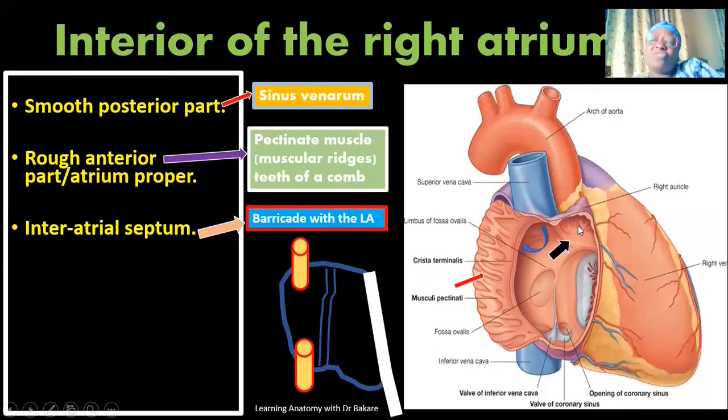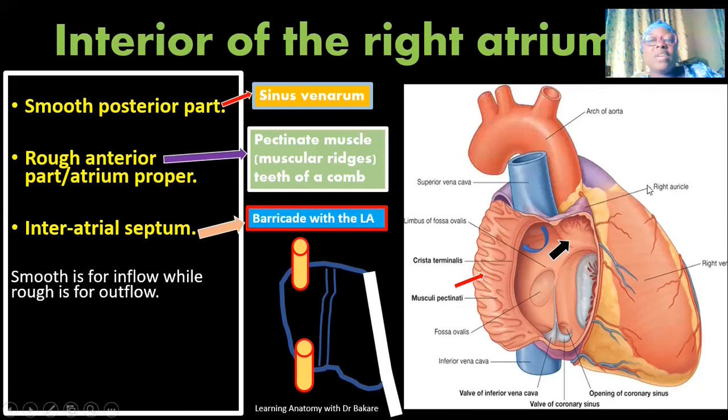We also drive into each of the sub-regions to see the specific features they present. The smooth part allows for inflow of blood. We said that the sinus venarum is the smooth region of the right atrium, and this space between the superior and inferior vena cava receives deoxygenated blood from them.